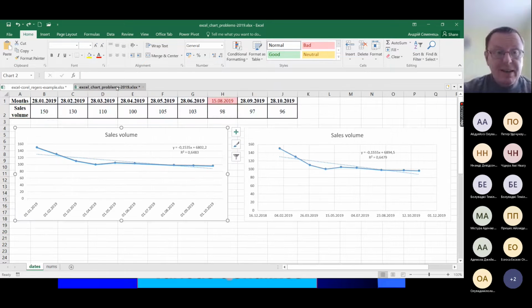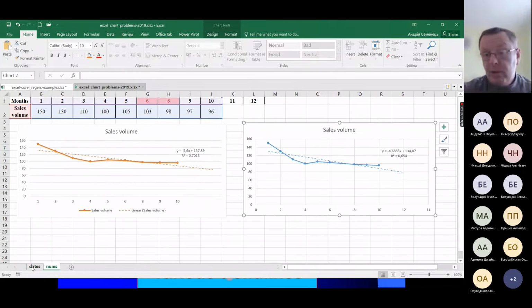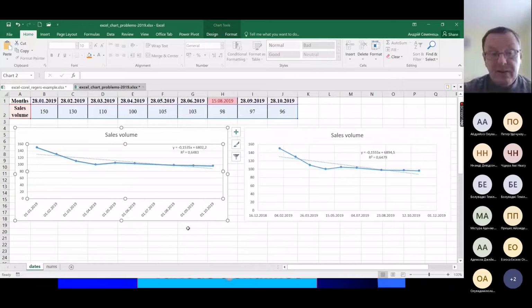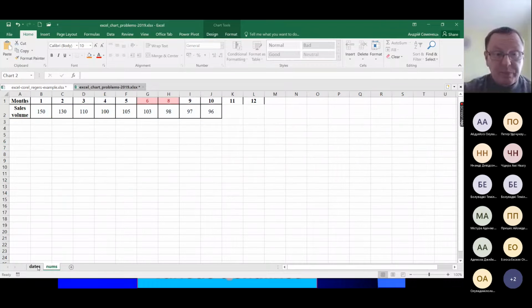And to complete this question related to correlation and regression analysis, I want to demonstrate a few pairs of examples of how important it is to properly select the chart type, because depending on what exact value you have used in your data set, whether we have measures, exact dates, or interval numbers, our model could look different and could have different representation.